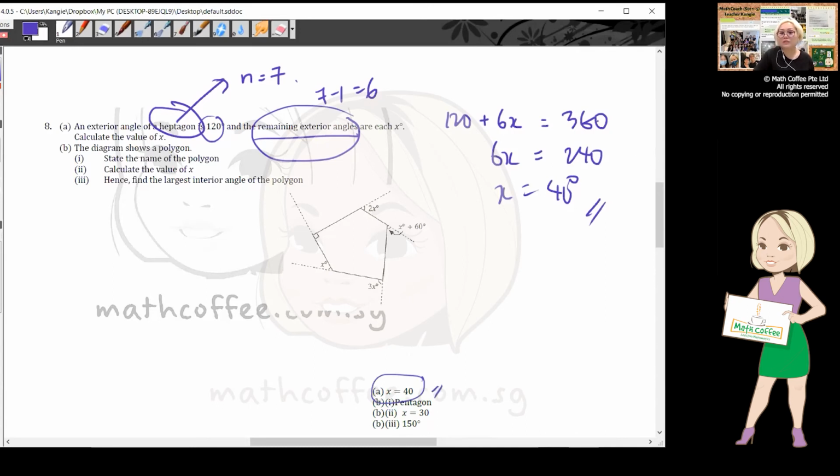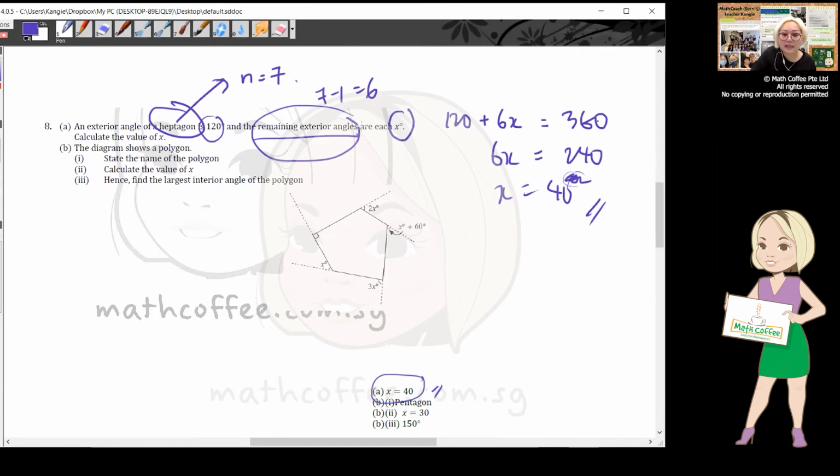Actually, sometimes students ask me, hey, the answer is x equals 40, then does my answer need to put the degree or not? Actually, that one is not so strict. But let me explain to you why sometimes they have degree, sometimes don't. You look at this one. You put here x with a degree here. Do you see that? If they already put a degree there, it means that your x doesn't need a degree. Agree?